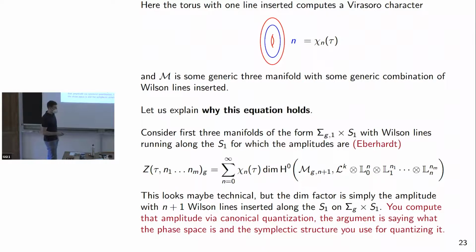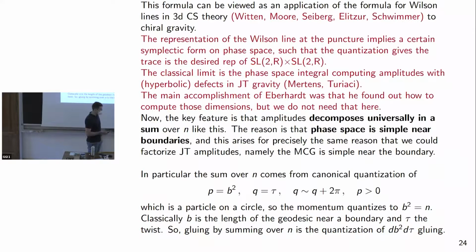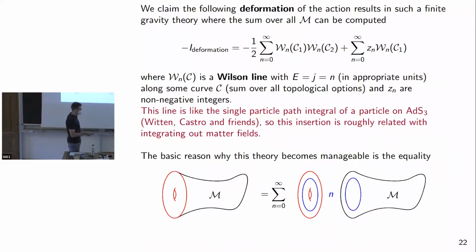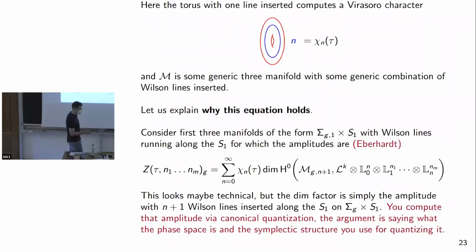And these guys are saying you have this phase space that you need to quantize, and there's a certain symplectic structure on that, and that determines the representations of the Wilson lines that are inserted, or the other way around, the Wilson lines determine that stuff. But this is not very important for today. The main point is that you do have this decomposition that I show here, and that Lawrence proved that in that case.